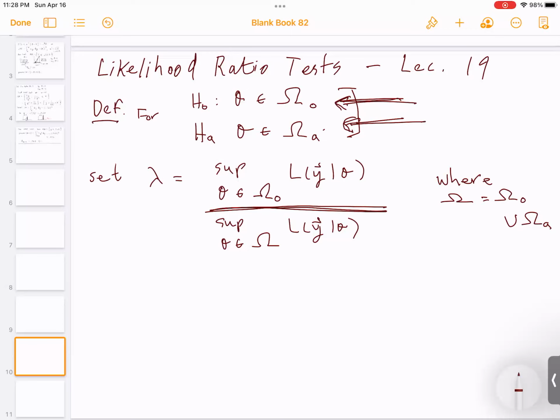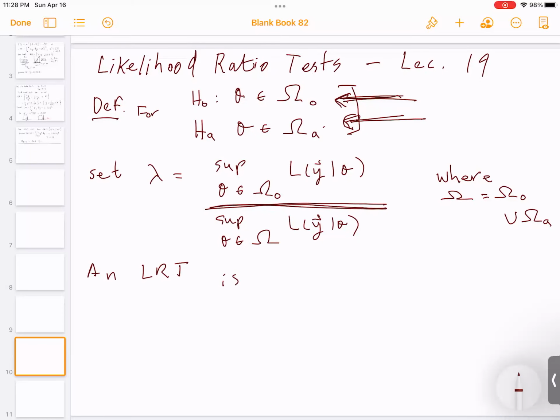So then, when should we reject? An LRT, a likelihood ratio test, is a test with this definition, with RR equal to lambda. Now, should it be greater than or less than K? It should be less than K, right?